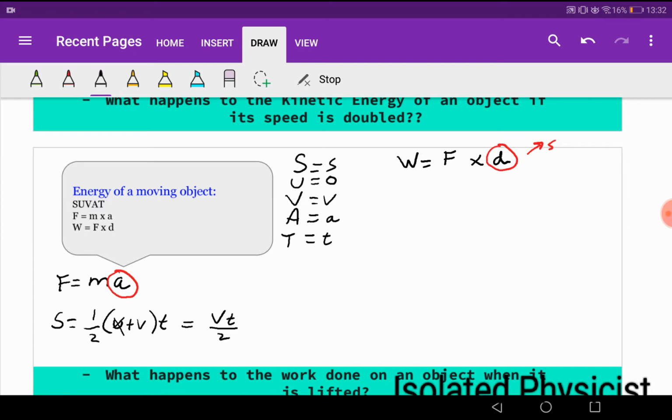And what's our force? Well, we need acceleration. We can use V equals U plus AT. U is 0, so A equals V over T. So force equals mV over T.